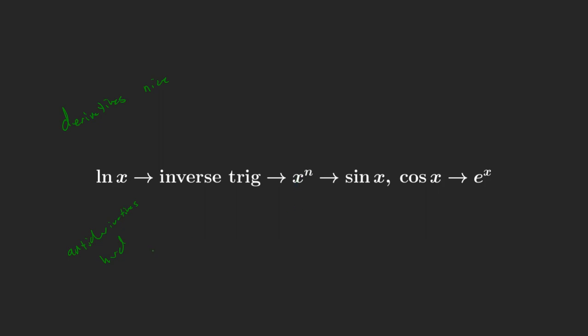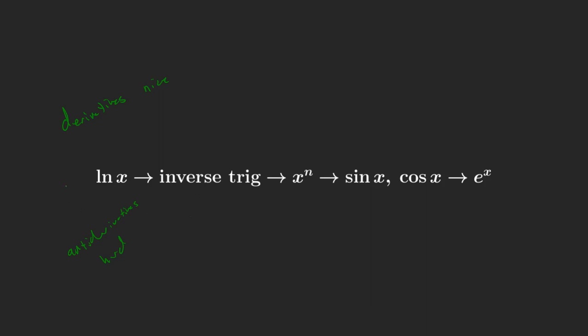They're not hard to anti-differentiate, but we've noticed that it's not great when we anti-differentiate them because the exponents go up. Sine and cosine are kind of neutral, right? Because the derivatives and antiderivatives are all in the same form. They just bounce back and forth between positive and negative sine and cosine. And then the exponential function e to the x is even more boring because whether you differentiate it or anti-differentiate it, it doesn't really matter.